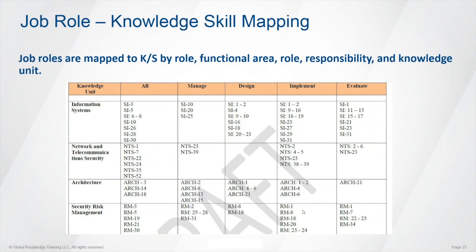Now, if you look across this, we have manage, design, implement, evaluate, and all of them are over here. Some of these appear in more than one column. If you're implementing, you need RM1, and if you're evaluating, you also need RM1. So you need to be aware of those. But there's a pretty detailed, granular breakdown of skills and knowledge required for these roles within cybersecurity. NIST has put all this together for us, and there really isn't another place anywhere in the industry that has gone to this level of detail about it. So it's pretty handy to have.